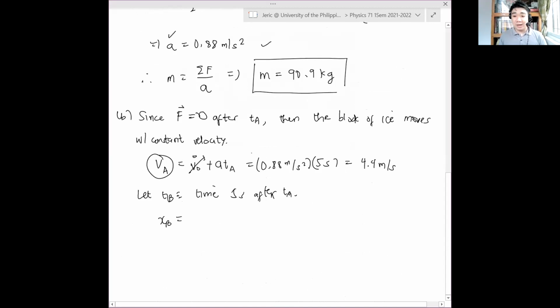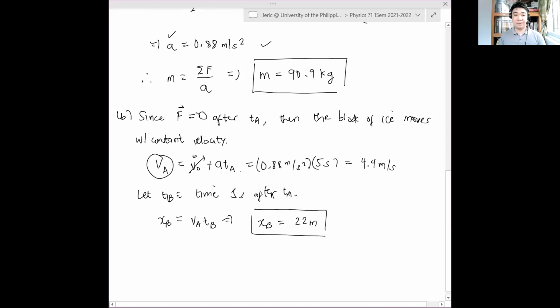Remember, the acceleration is 0 in this particular case. The displacement is just velocity times time. Therefore, this is just VA TB, and when you calculate, XB is 22 meters. That is your answer. Nakuha yon?